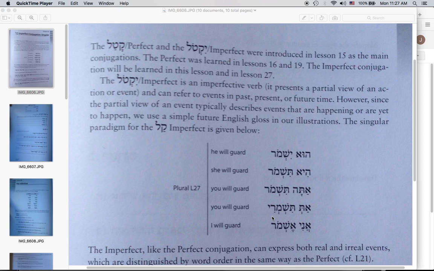Some imperfects will have something attached to the end, depending on their person, number, and gender. So we need to put this chart into our brains and remember the keys. The imperfect is normally translated in the future. The imperfect gives us a snapshot of the event, not the entire event. And the imperfect will always have something attached to the front of the root and the qal binyan.